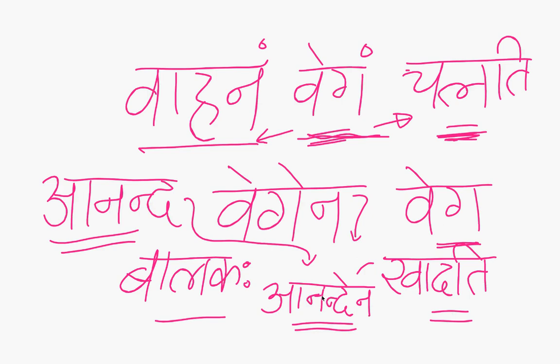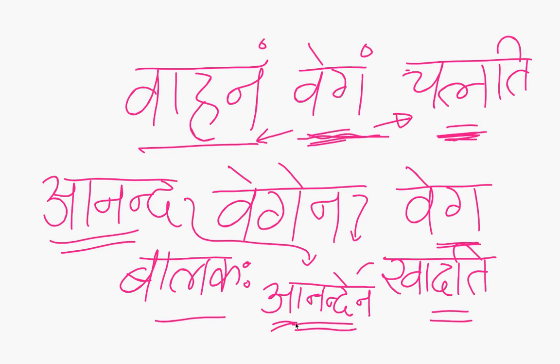And dvichakrikaya gacchati, the dvichakrika was the means or medium for the action. But here Vegena, Anandena, these are not actually medium, right? They are how the action is performed here.